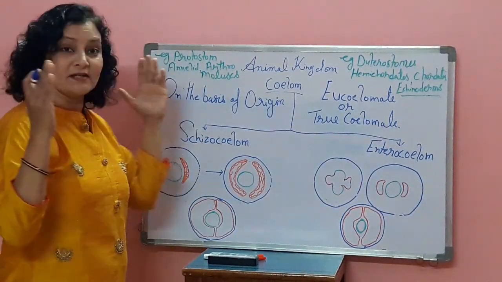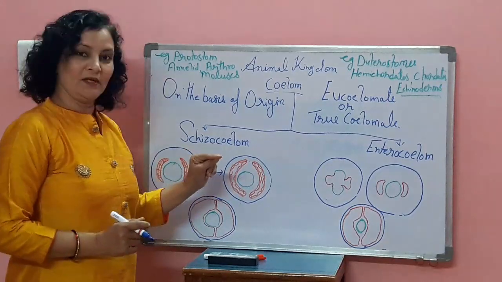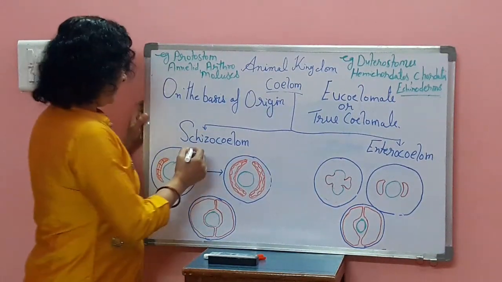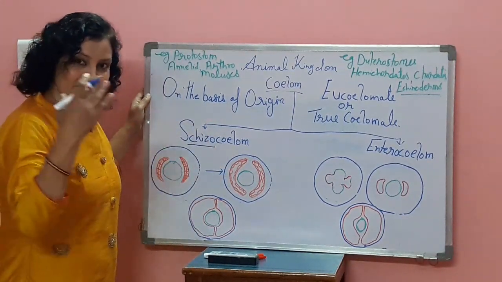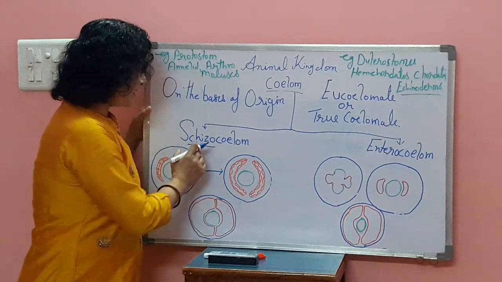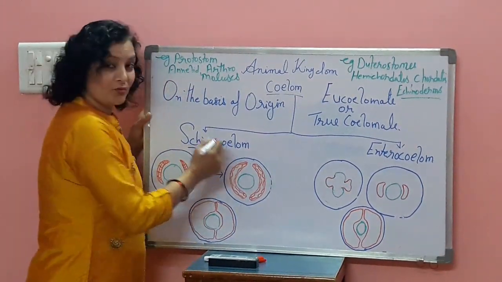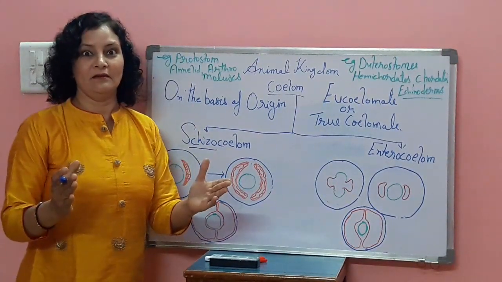How is the schizocoelom formed in the embryonic stage? So we learn about the term schizocoelom. First of all, the word schizo tells us its meaning. Schizo means splitting. Schizocoelom, the coelom is formed through the process of splitting.